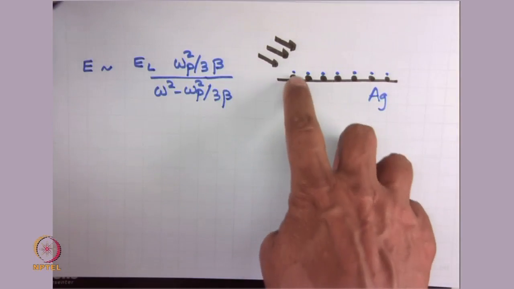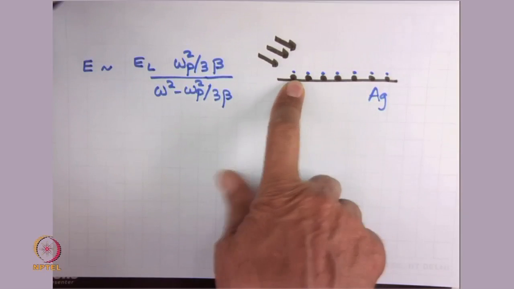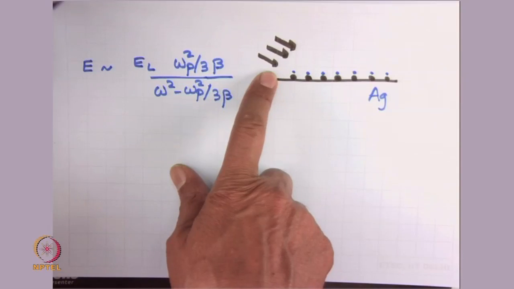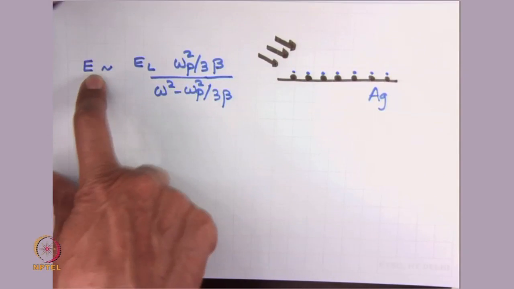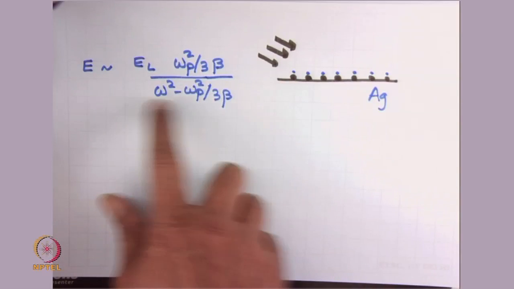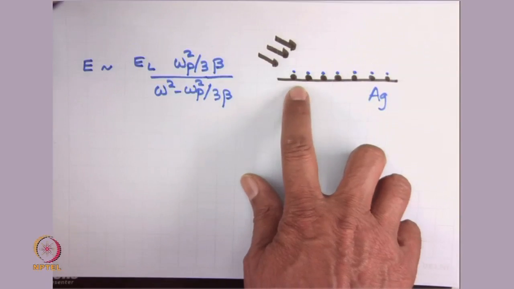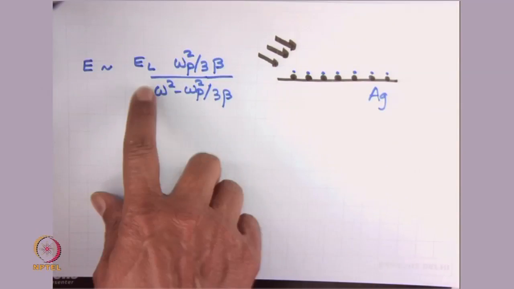Now the molecules sitting on top of these particles will not see the laser field, because that is too feeble, but they will see the field due to the space charge, this E field, which is orders of magnitude bigger. So, the scattered field will be enhanced by this factor.